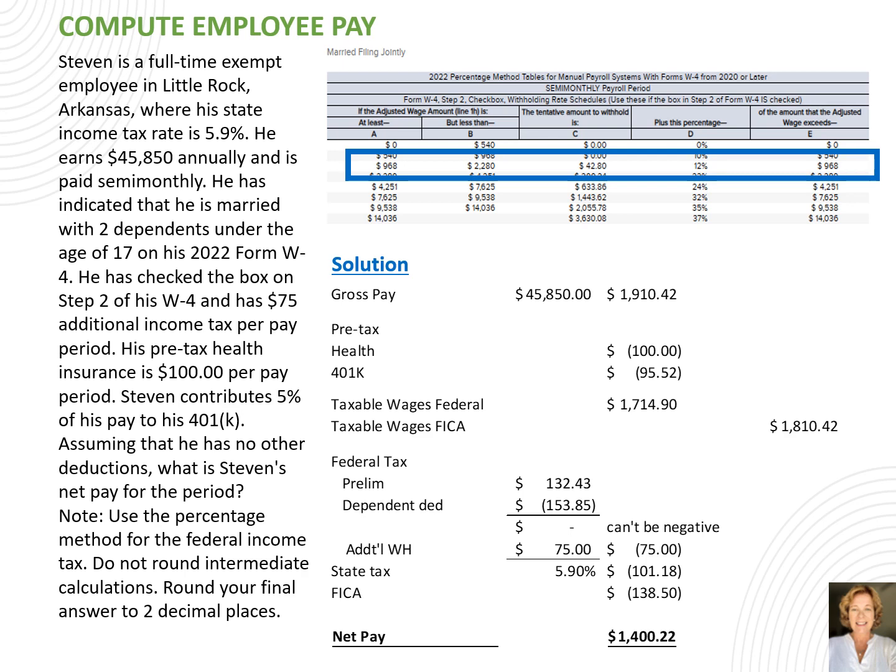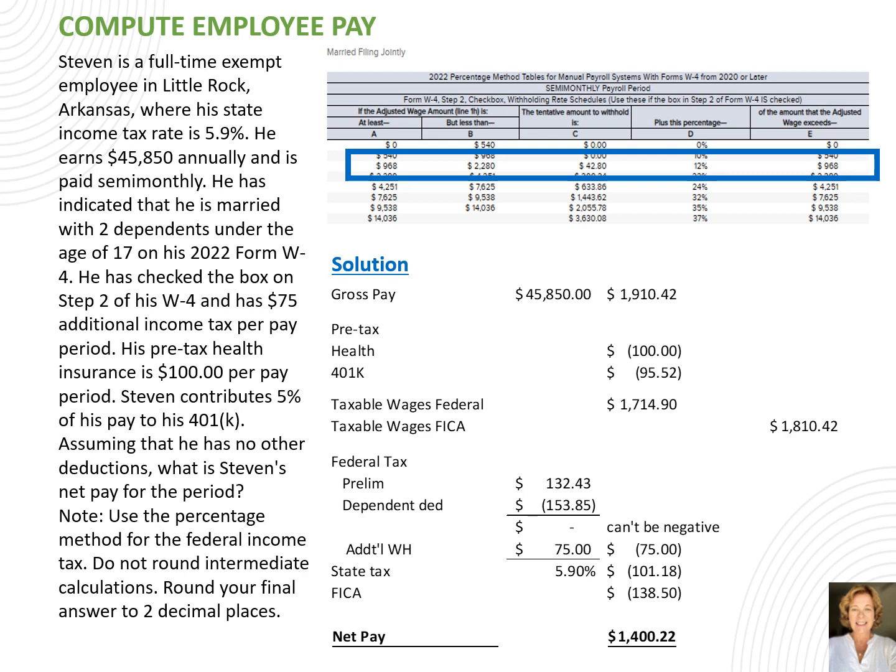In our case, it is because $132.43 minus $153.85 is a negative $21.42. So we change any negative amount to 0, but we still add any additional tax amount, which in this example is $75. So after all our calculations, the federal tax withholding is $75.